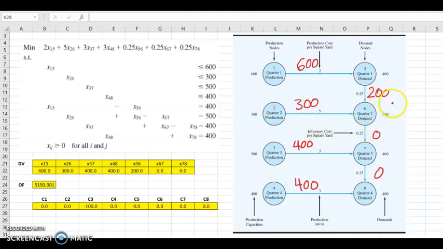Here we have a $50 cost of storing, since from quarter 1 to quarter 2, 200 square yards are transferred, so the cost would be $50.